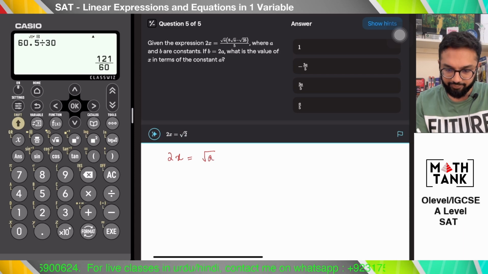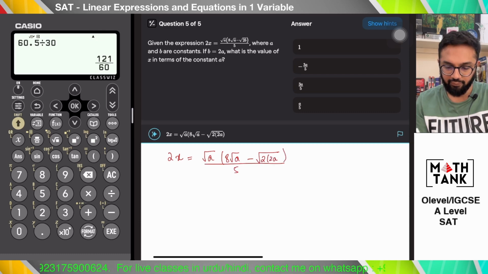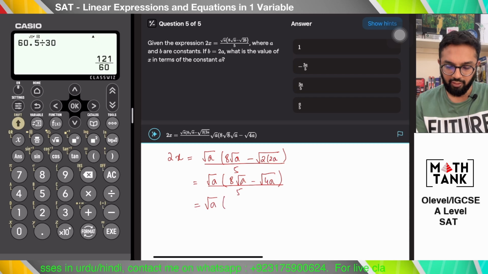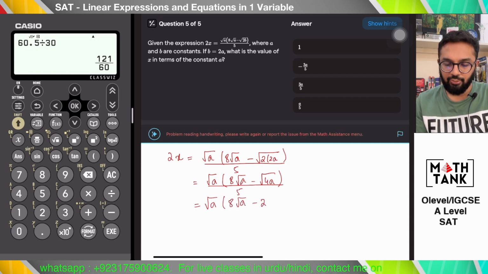So root of a, 8 root a, 2 into 2a over 5. So root of a, 8 root a, minus root of 4a. So that gives me over 5 root of a, 8 root a. Root of 4 is 2, so 2 is going to come outside, and this is what I will have.